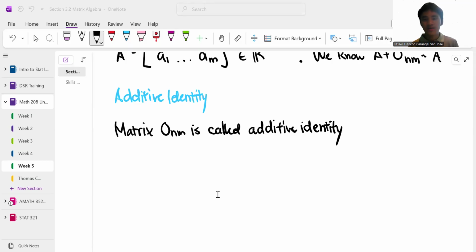And it is less apparent which matrix plays the role of the multiplicative identity.